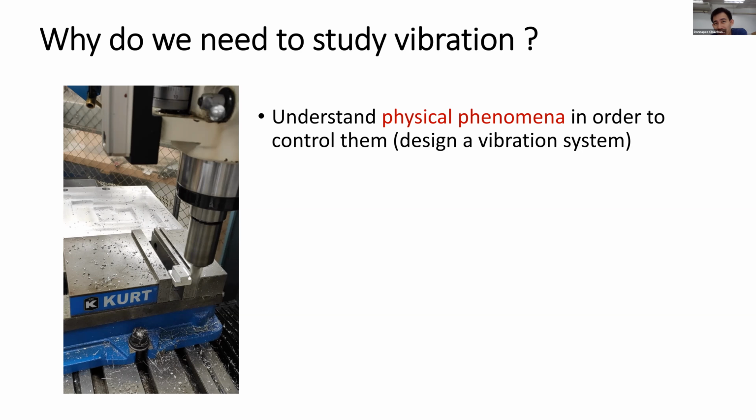So when we learn about the vibration system and understand the characteristic of the system, we can select the suitable cutting speed and feed rate so that we can reduce the effect of the unsatisfied vibration, to increase the lifetime of the cutting tool, or to try to improve the cutting quality at the surface of the material.